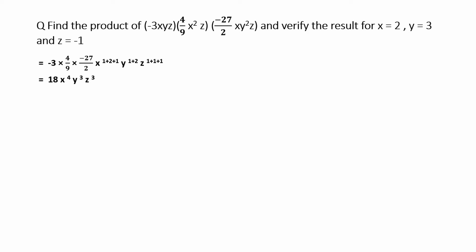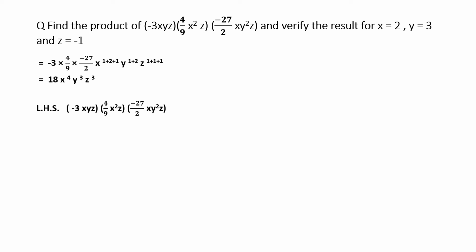And the statement which is given to us, the multiplication of three monomials, minus 3xyz into 4 by 9 x squared z into minus 27 by 2 x y squared z, will become your LHS. So we are going to put the values in LHS as well as in RHS, and we will show that the result will be same, because if your multiplication is correct, your result should be same.